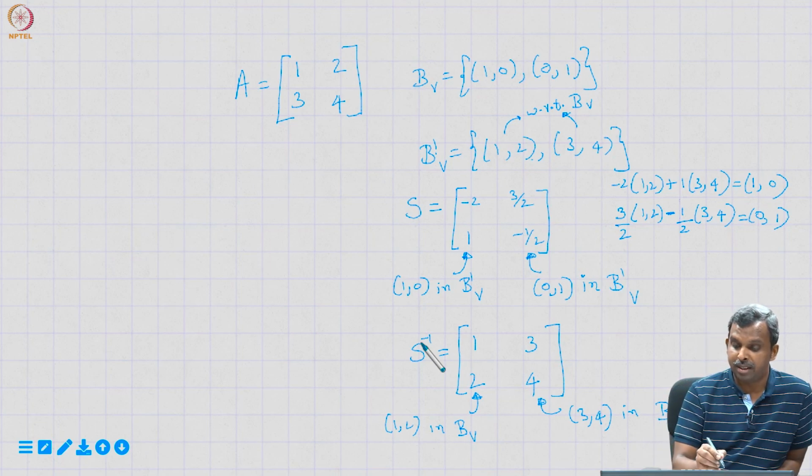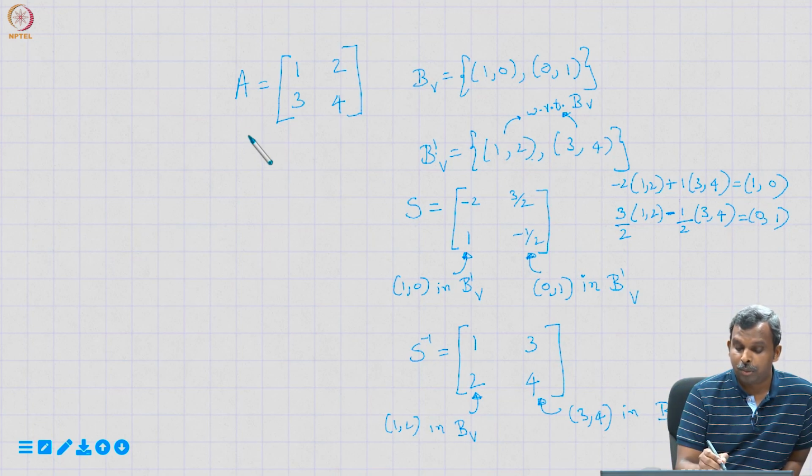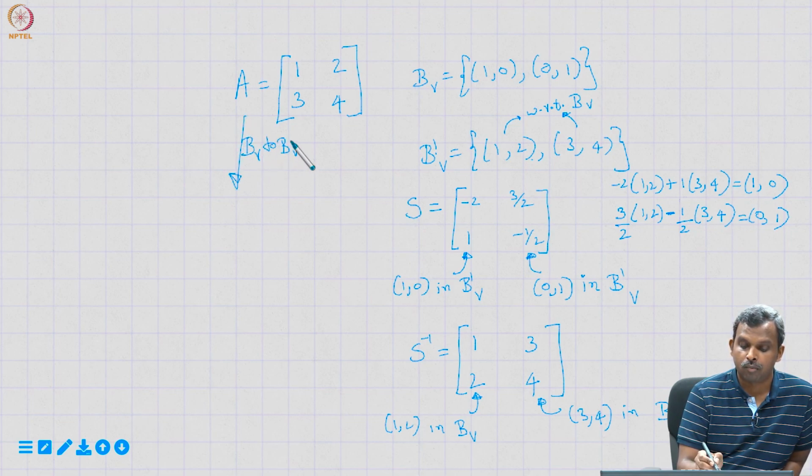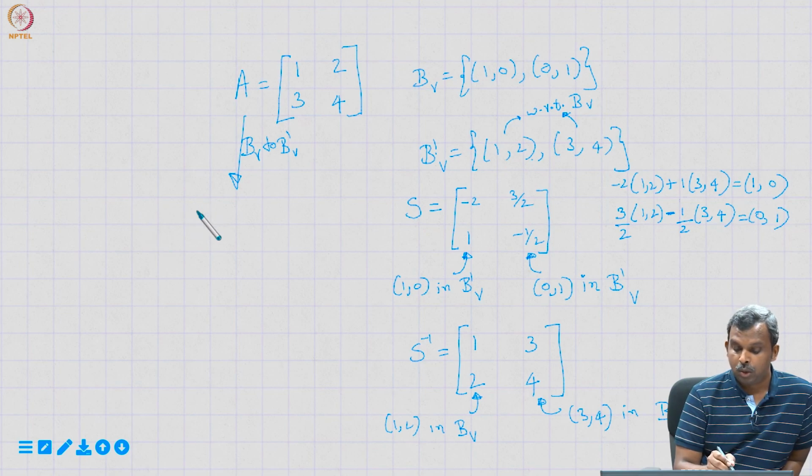So what about the matrix? If you go from here to change of basis BV to BV prime, you'll have to do S inverse.